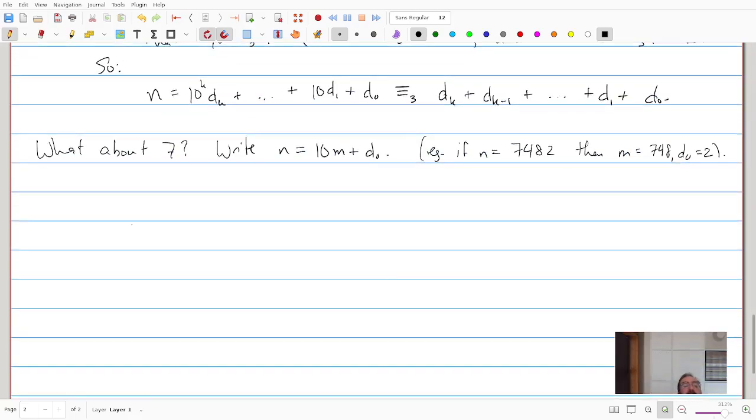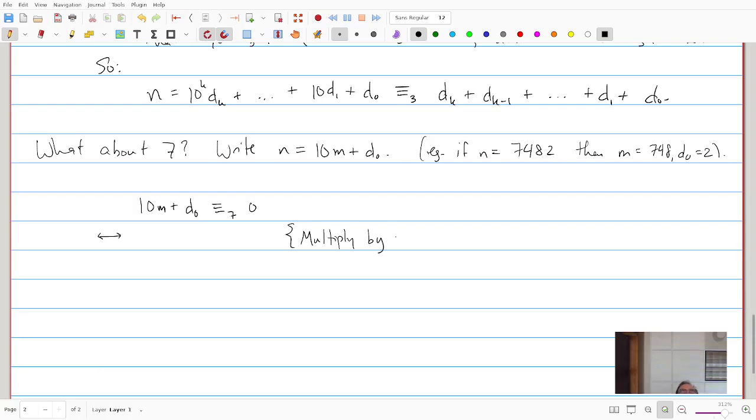And then I want to see if 10m plus d0 is equivalent modulo 7 to 0. Okay, and I want to see if I can derive something else equivalent that will tell me whether that's true or not. I can, if I multiply both sides by minus 2.